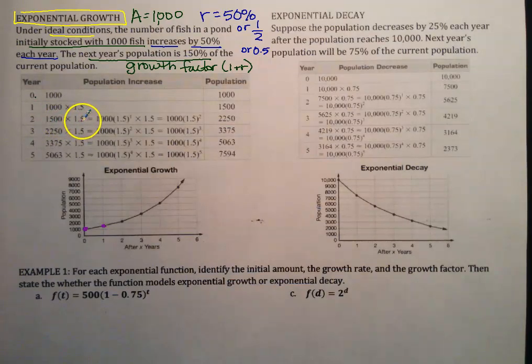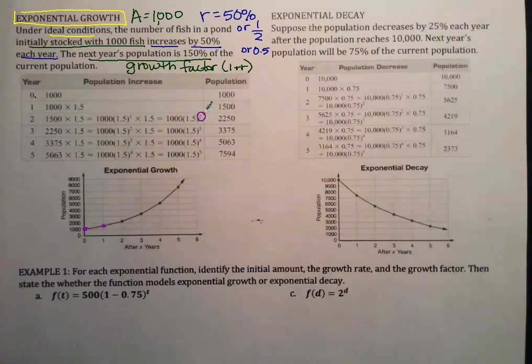That's a little harder to see, like we wouldn't necessarily always fill it out that way, or we can look at it as 1,000 times the quantity 1.5 times 1.5, which equals 1,000 times the quantity 1.5 to the power of 2. Here you go, this is the deal.